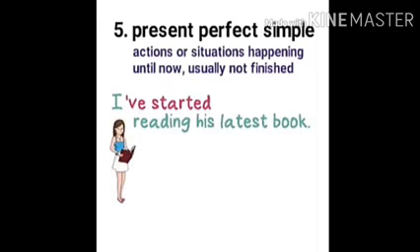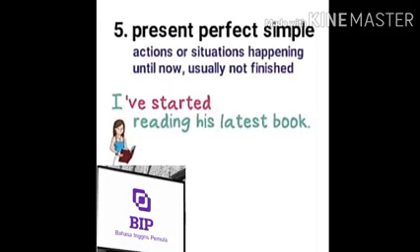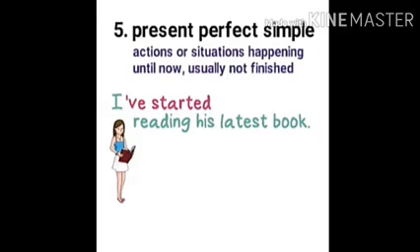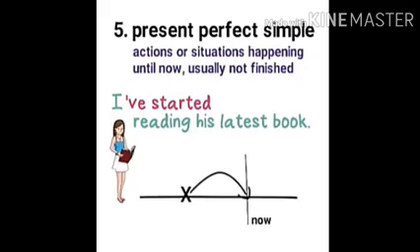This implies that you've started reading the book at some unspecified time in the past, and you're still reading it now, and you haven't finished reading it, and you will continue reading it in the future. If we look at the timeline, you can see the cross represents starting reading the book, but the impact is on the present. It's on now and into the future as well.